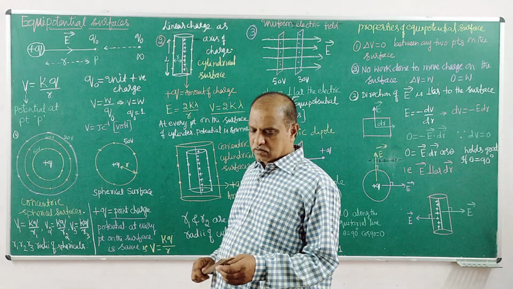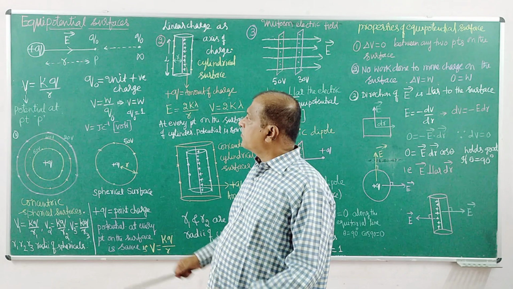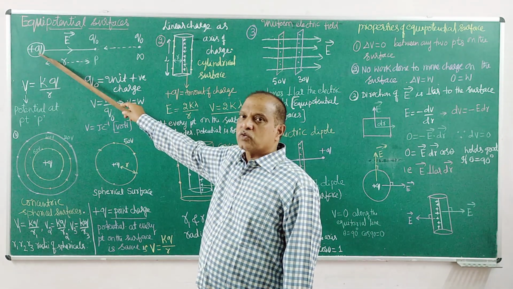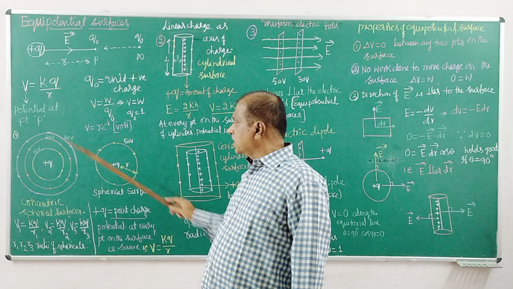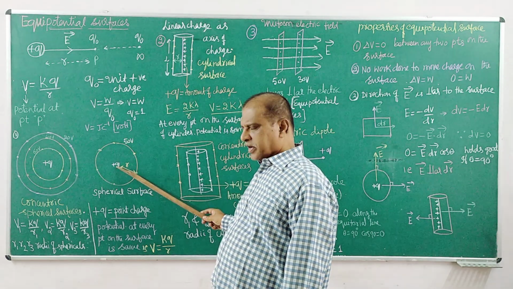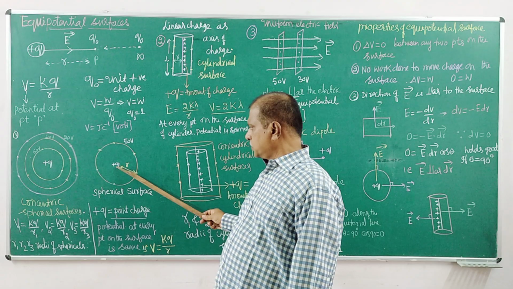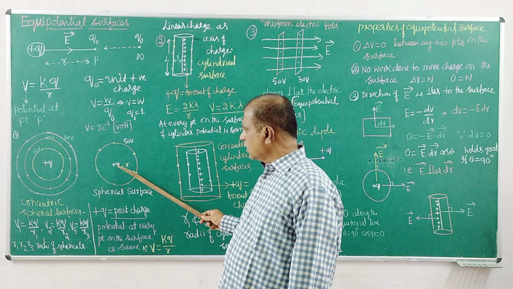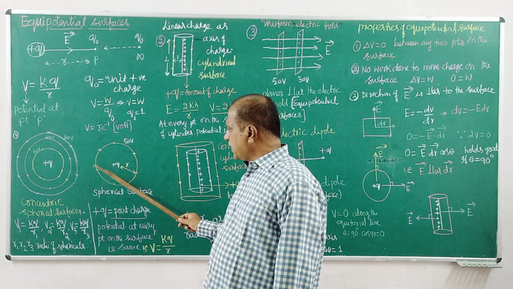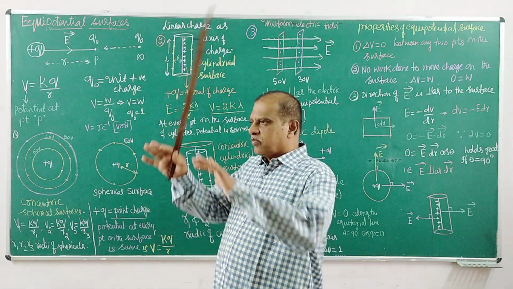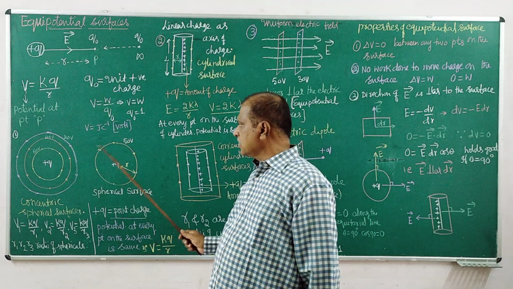So let us see, if the electrostatic charge is a point charge like this. This is of course a positive charge or negative charge, it doesn't matter. I have taken here a positive charge. About this point, we can draw one spherical surface, that is a sphere, with a surface, not a line circle like this.